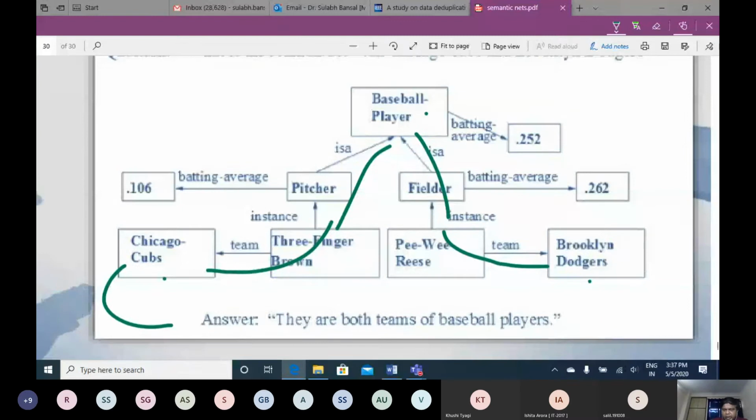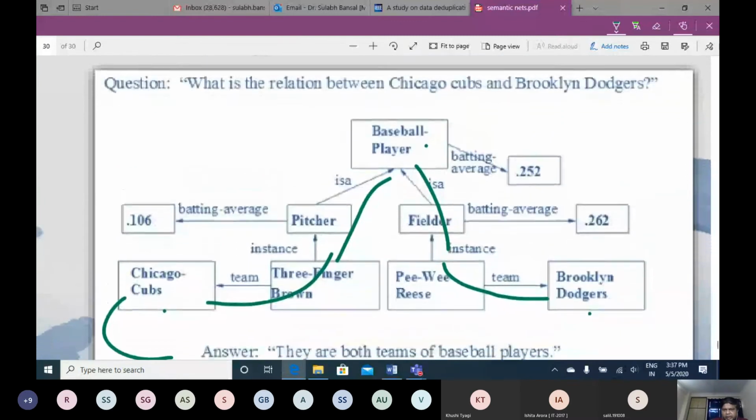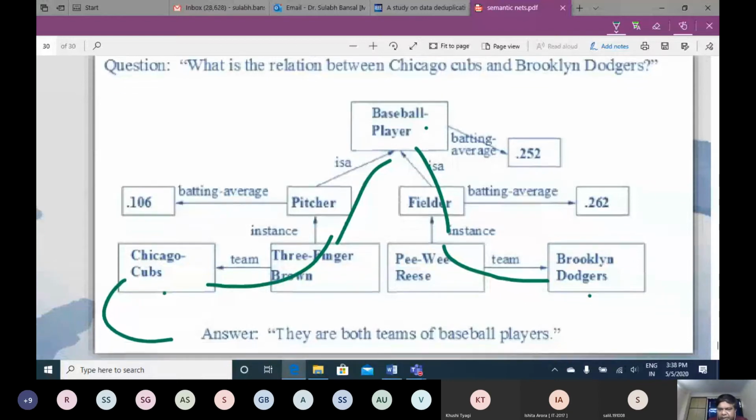Okay, so you can infer from this that both of them are related to each other, that they are baseball players. So you can find new relations, direct relations between two seemingly unrelated nodes in the graph, which are not directly related.